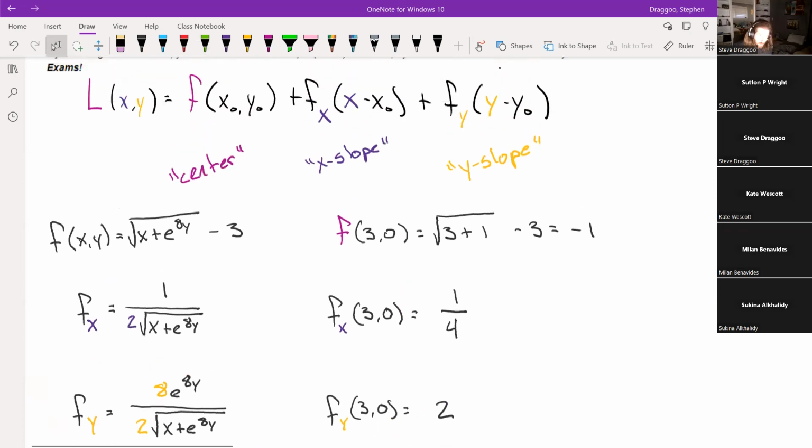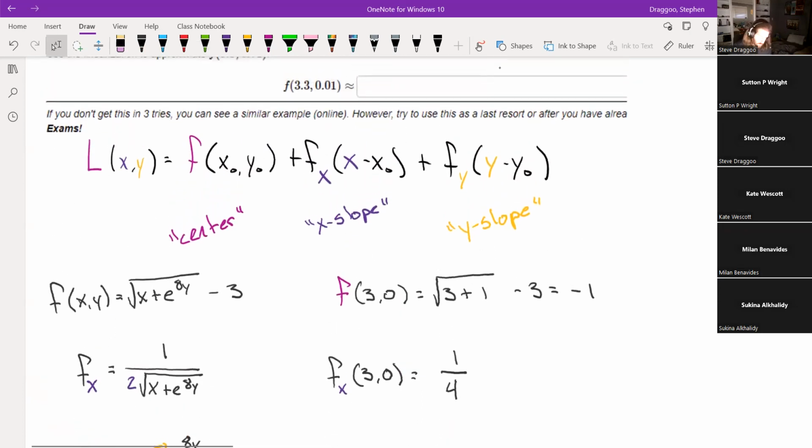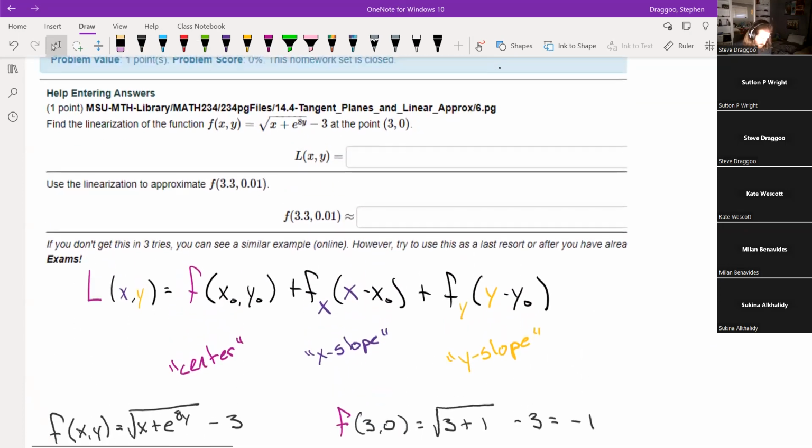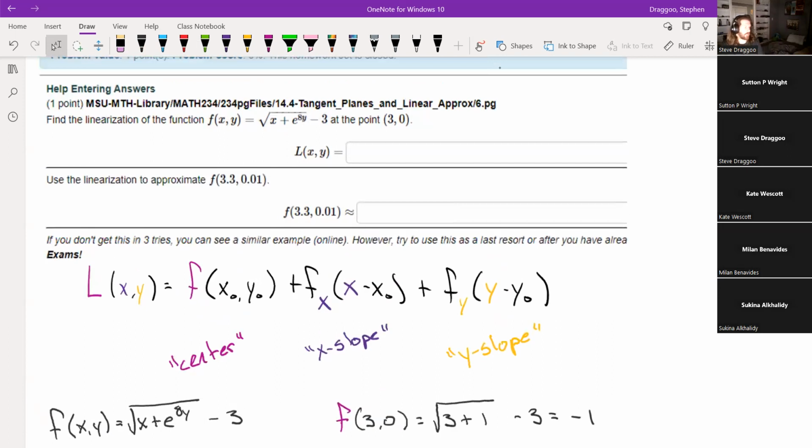That is because it asked for it in the condition of the problem. It asked us to approximate the function at 3.3 for x and 0.01 for y.